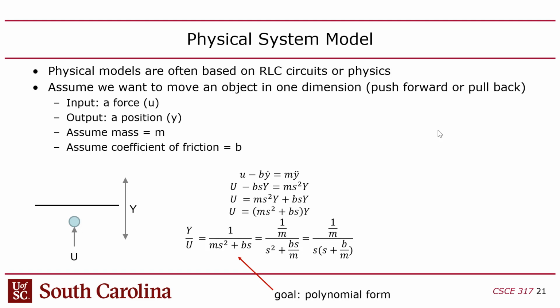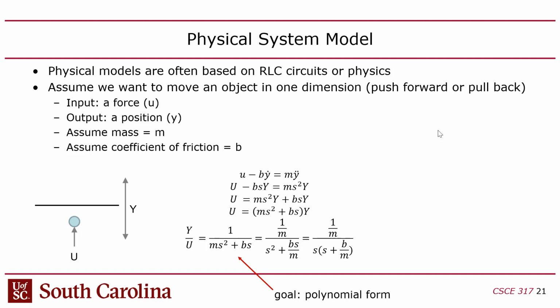So this is a polynomial already, and I just factor it by factoring out s. So I end up with two poles. One pole is s equals 0, and the other pole is s equals minus b over m.